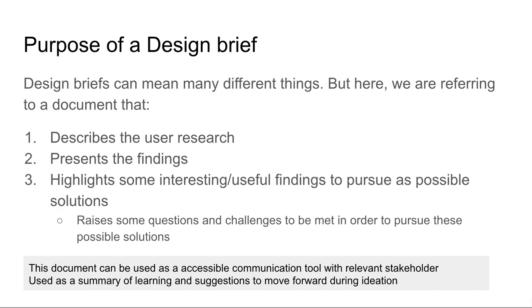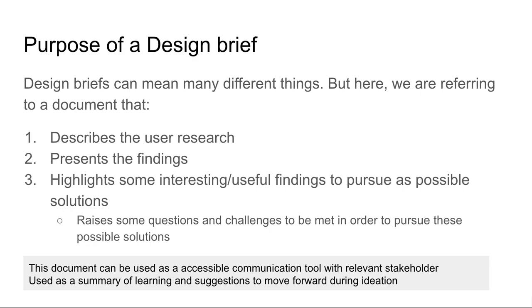I don't want you to get confused with how design briefs are used in different settings in the commercial world. It can mean many different things, like an agreement with the stakeholders of what we're going to design, and also it could be a summary document of the different features.